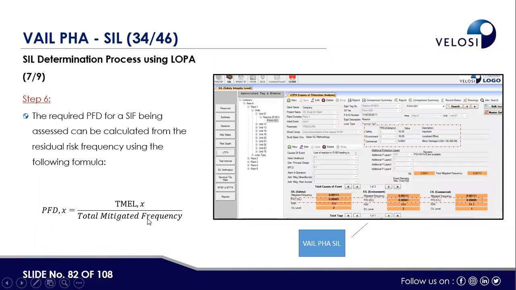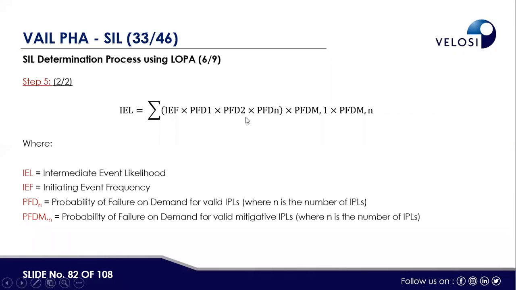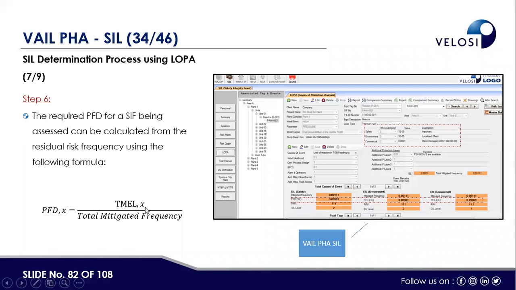Once we calculate that total mitigated frequency, we can calculate the PFD. How can we calculate the PFD? By this formula. We have assigned our target as a second step, the tolerable limit, divided by our calculated value, which was the multiplication of initiating event frequency and probability of failure on demand of the number of protection layers. So TMEL divided by total mitigated frequency gives the PFD.